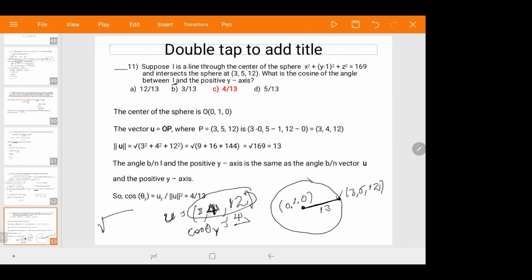The square root of 3 squared plus 4 squared plus 12 squared. 3 squared is 9, 4 squared is 16, 9 plus 16 is 25, plus 144. What is the sum? 25 plus 144 is 169. The square root of 169 is 13. Therefore, the cosine of the angle that this line L makes with the y-axis is given by 4 over 13.